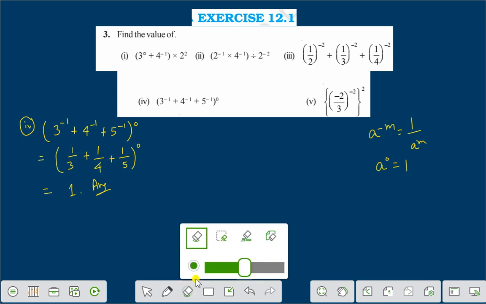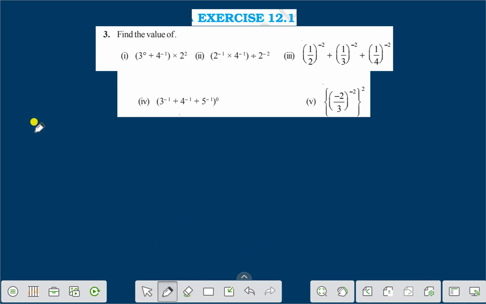Now we solve question number 5. Question number 5 is minus 2 by 3, whole to the power minus 2, whole to the power 2. We will apply the formula a to the power m, whole to the power n, is equal to a to the power m into n.